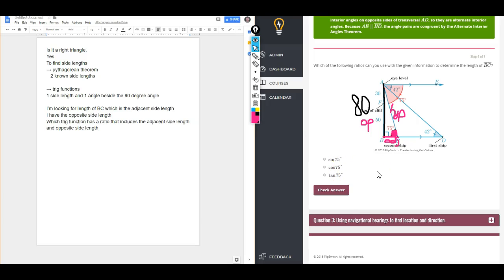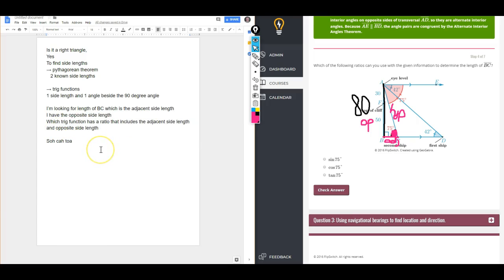Well, going back to our mnemonic device, SOH CAH TOA, sine is opposite over hypotenuse, cosine is adjacent over hypotenuse, and TOA, tangent, is opposite over adjacent. Just because I listed these in different orders, that's okay. I wasn't looking for an order. I just wanted to know which one had the adjacent side length and the opposite side length, and that's tangent.